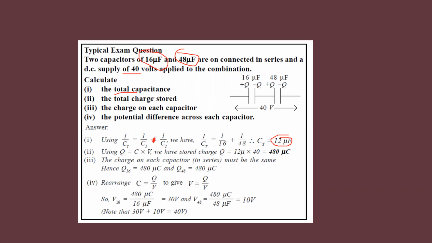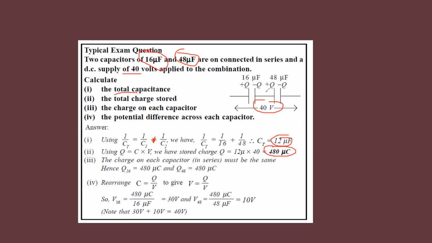Then the total charge, how to get the total charge? So we have the total voltage, which is 40, and combined capacitance is 12. So Q is equal to CV. When we multiply, the total is 480 micro coulomb. Charge on each capacitor. So how to find the charge on each capacitor? The charge on each capacitor is same as the total charge on the combined capacitance.